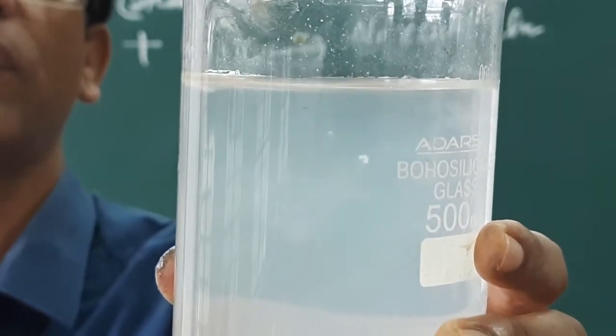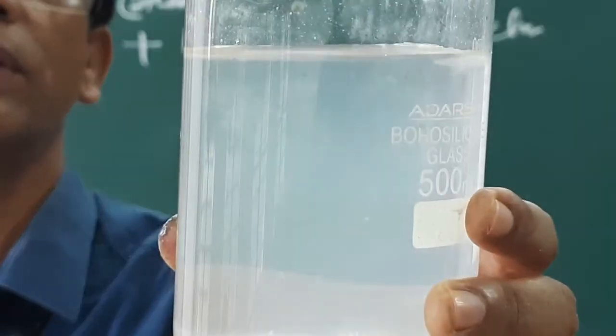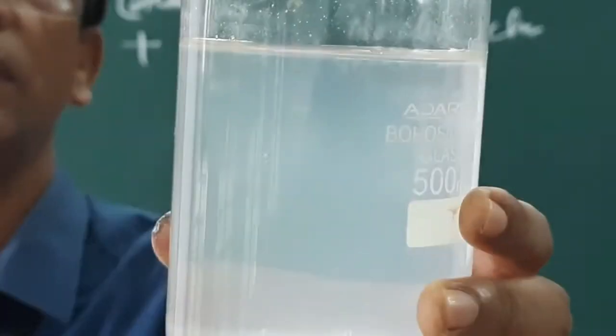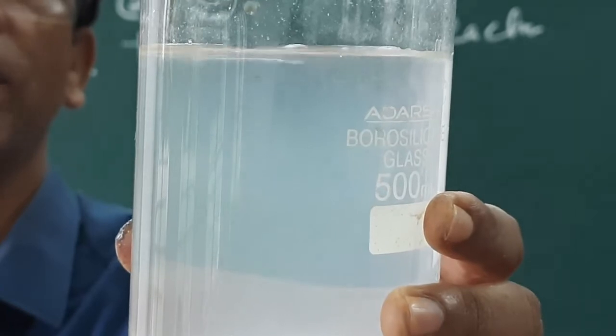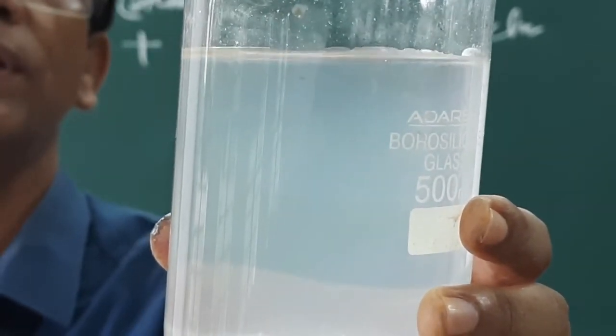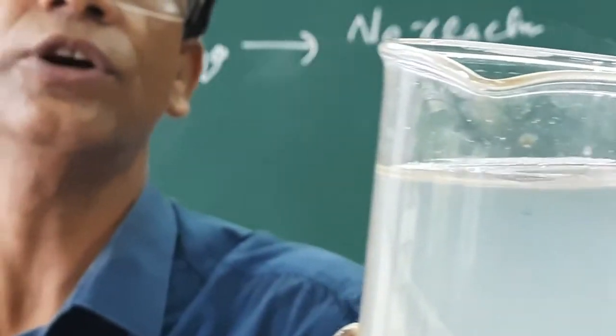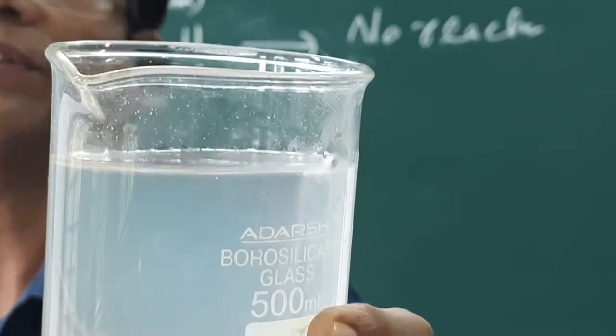It is not catching fire due to temperature, low temperature in water, but due to its very reactive nature, it reacts continuously till the metal reacts completely with water. So this is the reaction of sodium metal with water.